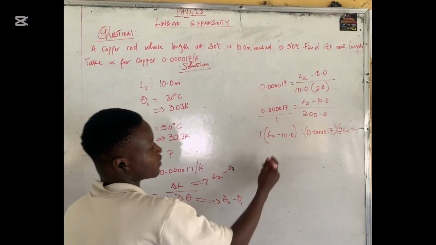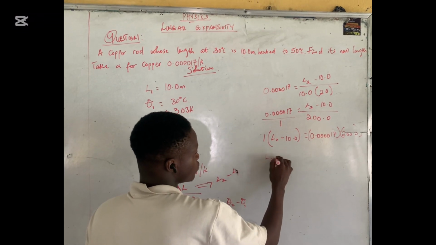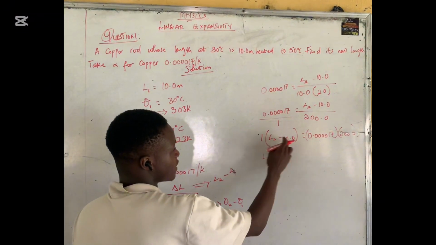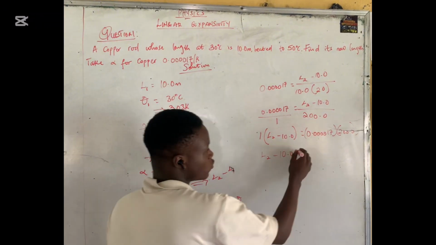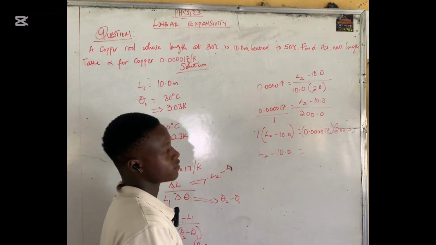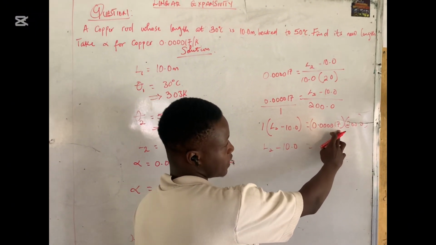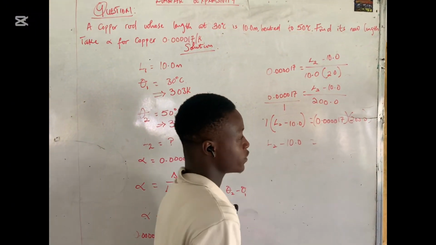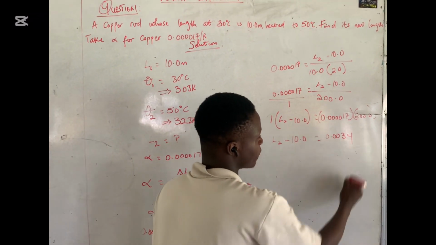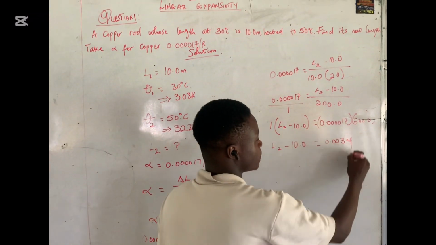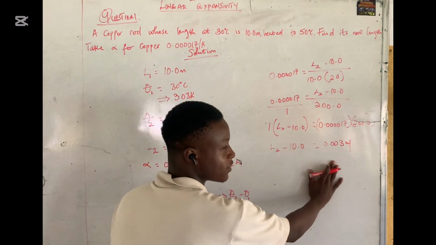Now when we open this bracket, we have 1 times L2 is L2, 1 times minus 10.0 is minus 10.0, which equals 0.000017 times 200.0. That gives us 0.0034.